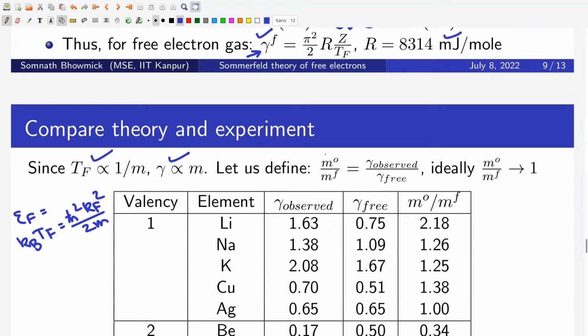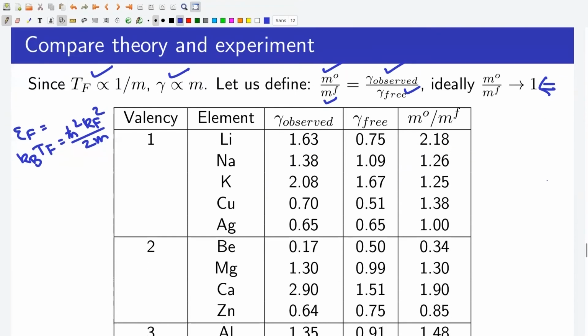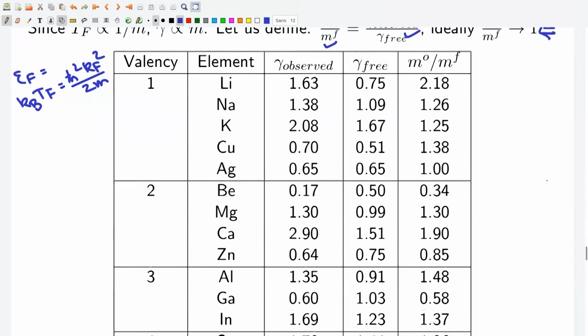Now we define this term, mO by mF, which is just the ratio of the observed value of gamma and the theoretical value of gamma, and ideally this should be equal to 1. So now let us see how the number looks if we compare gamma observed and gamma free electron.